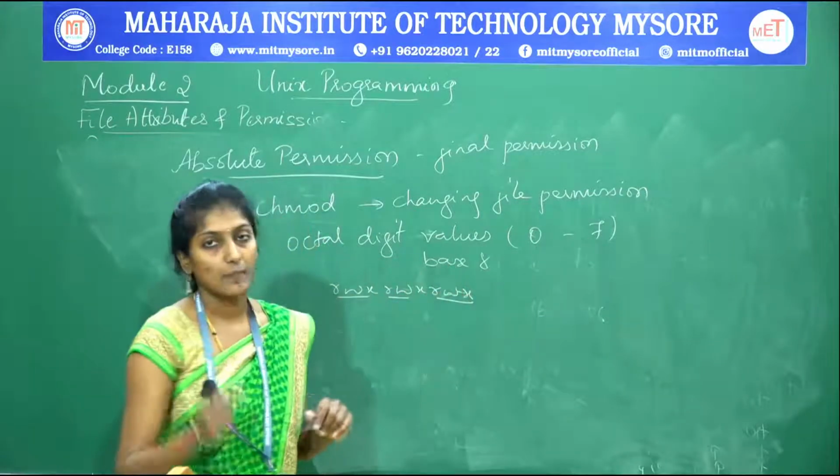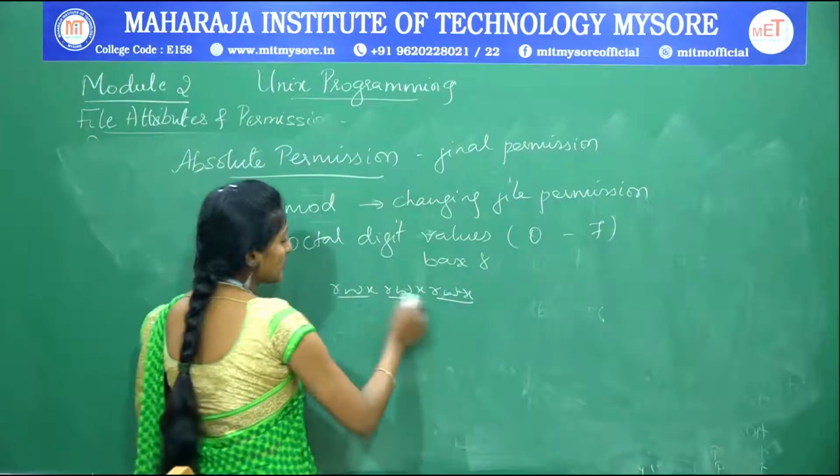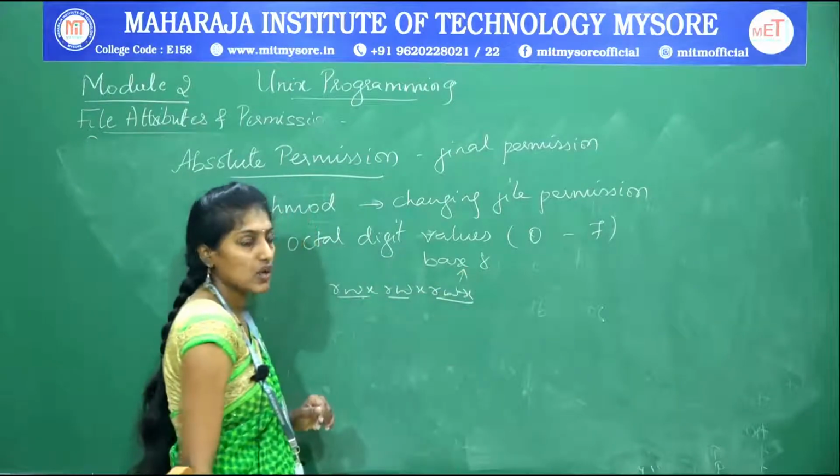This base 8 represents a binary digit value. So you can represent all these 9 bits using this base 8 concept.